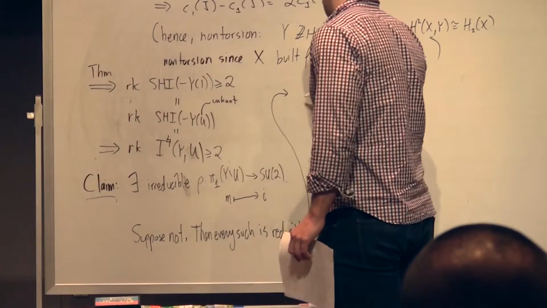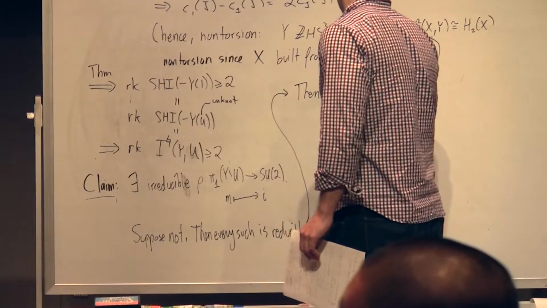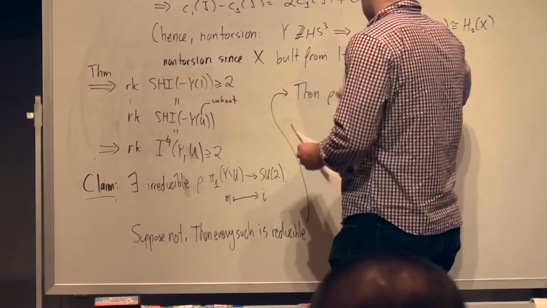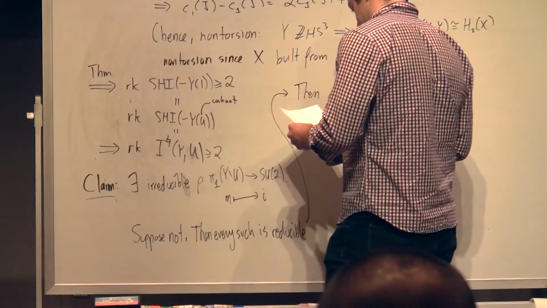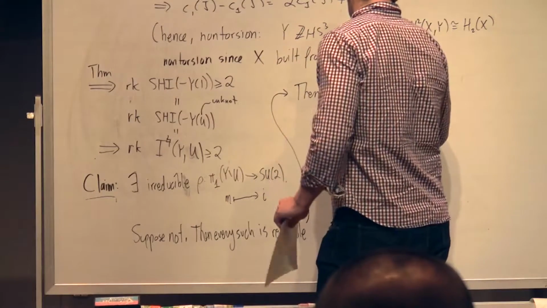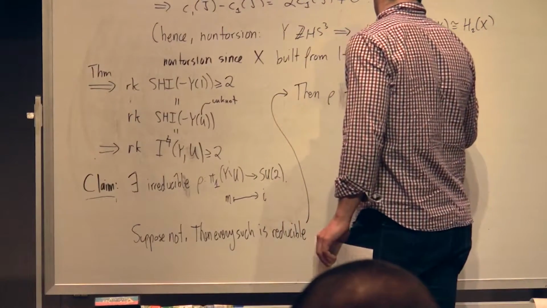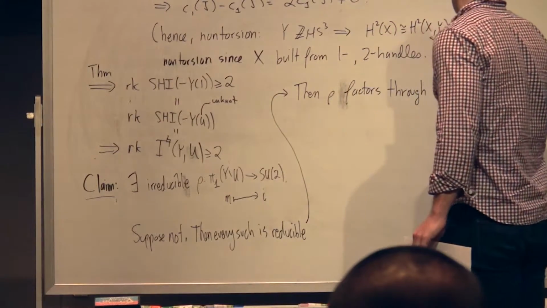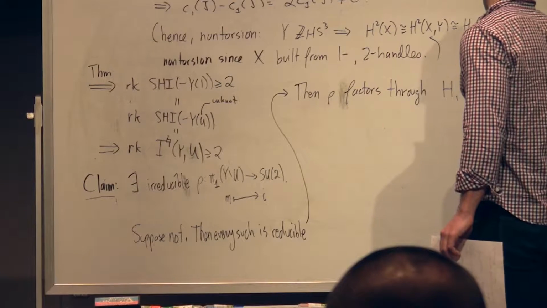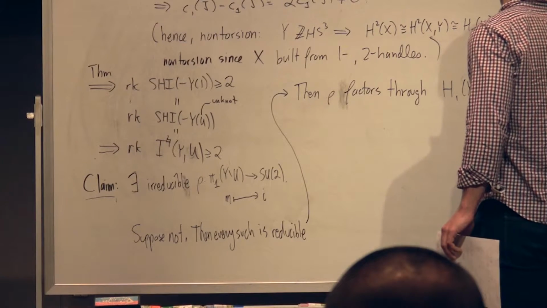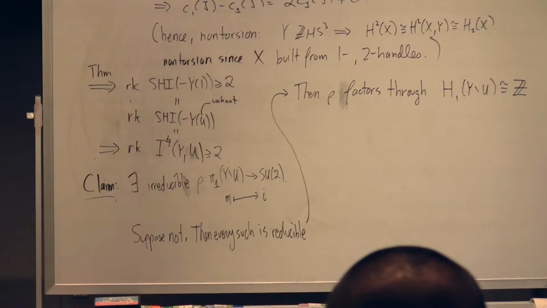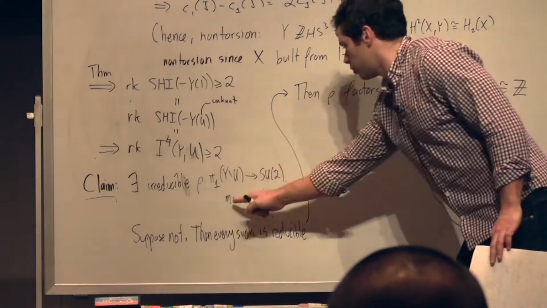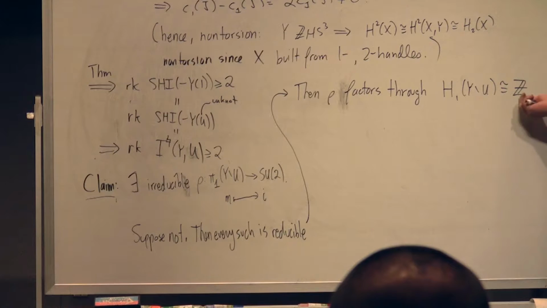So what that means is that rho factors through the first homology, H lower 1 of the complement, which of course is just isomorphic to Z. And we're requiring that it send a meridian to i, so it sends a generator to i.